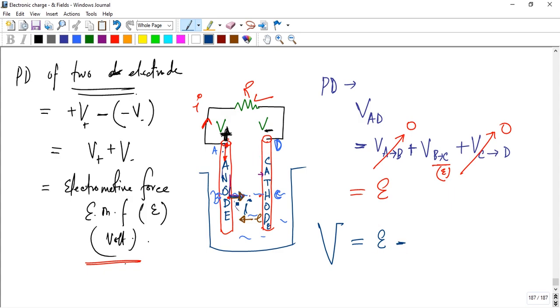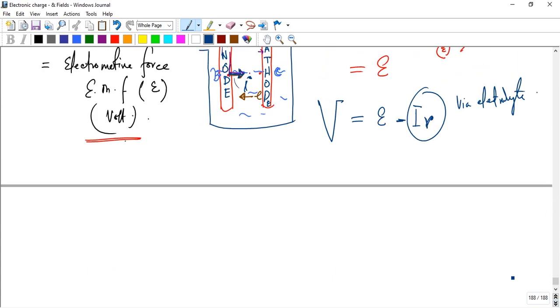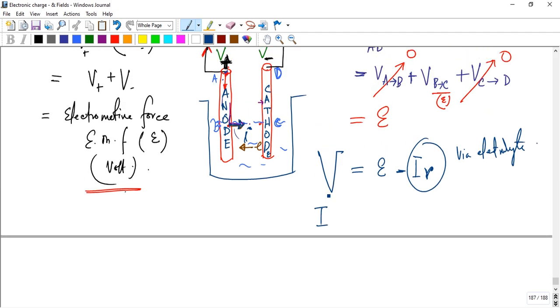That is the potential difference between electrodes via the electrolyte solution, that is I times R, Ohm's law. Current passes by electrolyte, and that is V, equal to I times r.